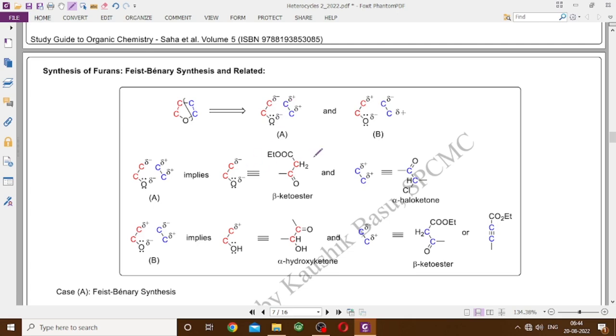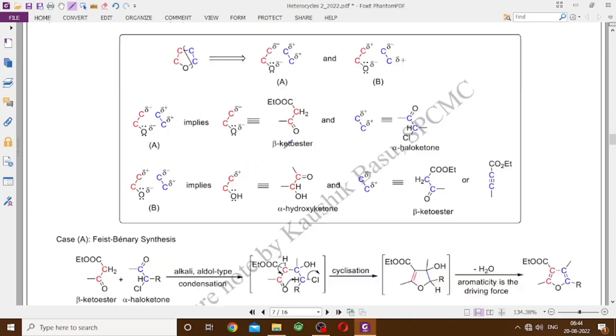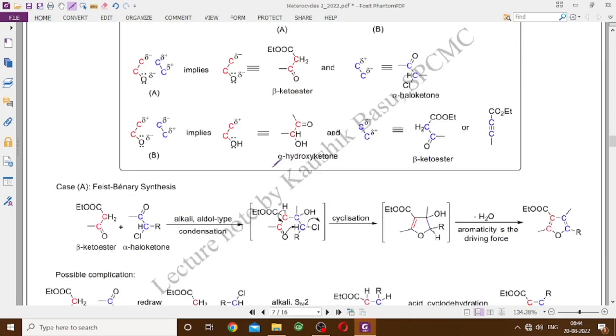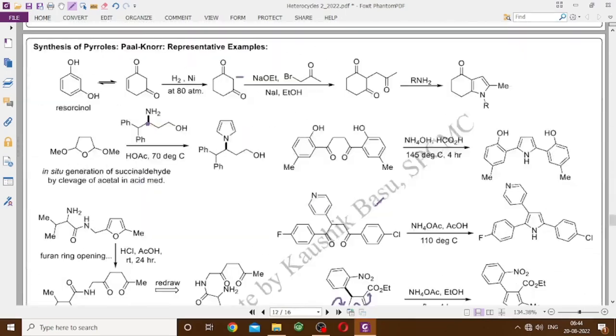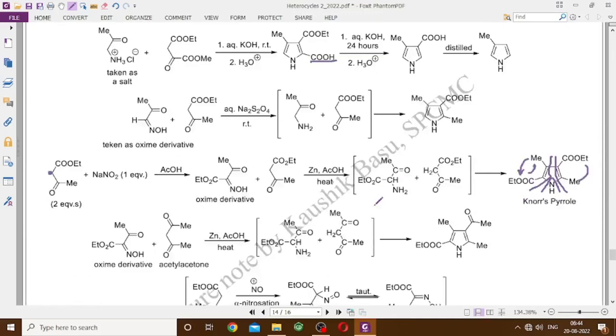We chose to do this reaction with a beta-ketoester, where this oxygen was supposed to be incorporated in the ring, and the alpha-haloketone, which will supply the C-delta plus fragment. So the Hantzsch method is very similar to the Feist-Benary.